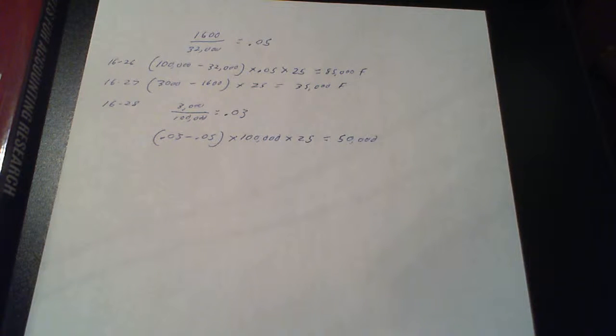We already made $35,000 above what we expected, but we could have made an extra $50,000 more if we had held our market share at 5% on this one. All right, so that is brief exercises 16-26, 27, and 28.